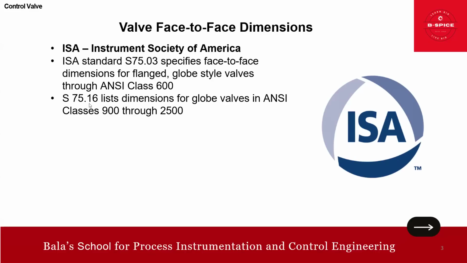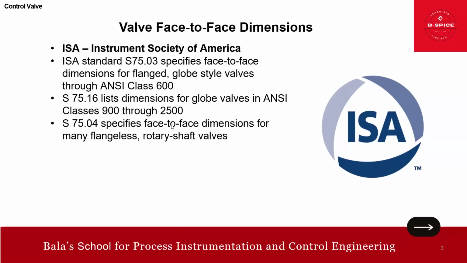Then we have S75.16, which lists dimensions for globe valves in ANSI classes 900 through 2500. So S75.03 is for flanged globe valves up to class 600, but S75.16 is for globe valves from class 900 to 2500.